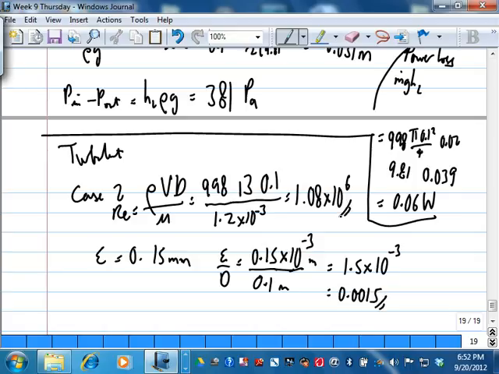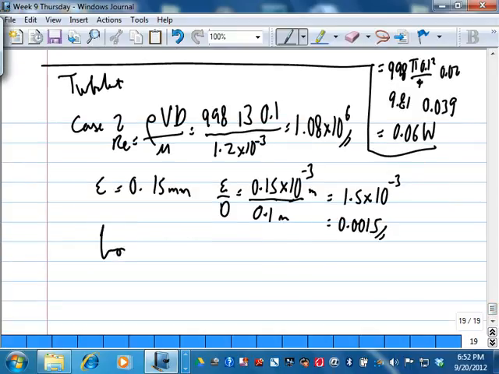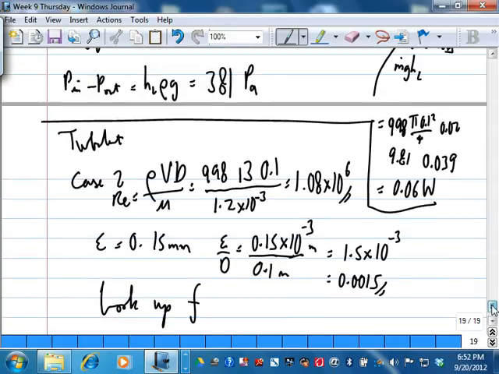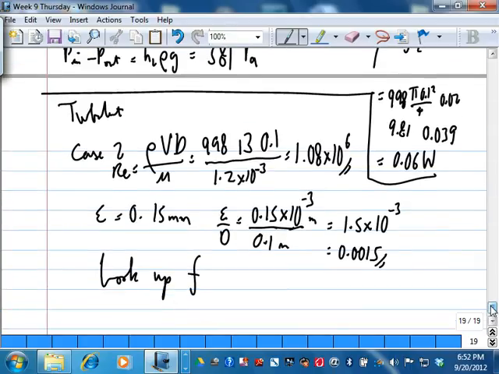Okay. So step 2, look up f. Can you look up f? You all ready for that? Alright, let you finish copying first. Any questions? All happy?